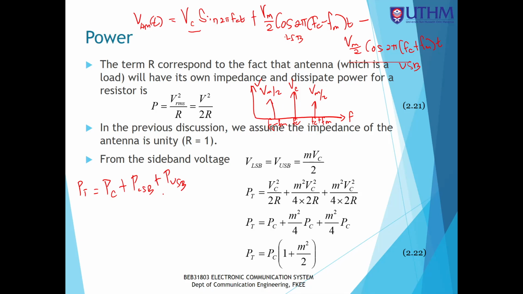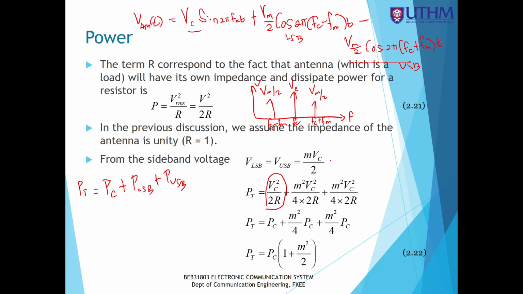How much is Pc? Pc is V square over R, which is Vc square over 2R, plus PLSB, which is m square Vc square over 4 times 2R.